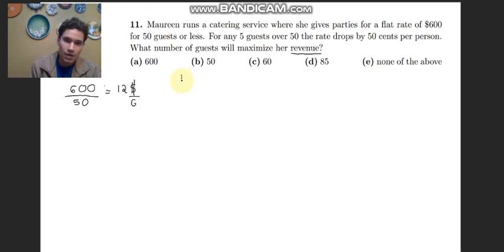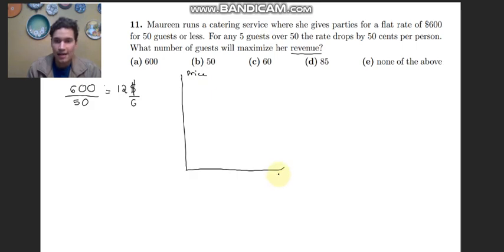Let's construct a graph that will be useful to find the equation of the price. Let's say the y-axis is the price and the x-axis is the number of guests. Let's create some points. If there are 50 guests, we know that the price is $12.